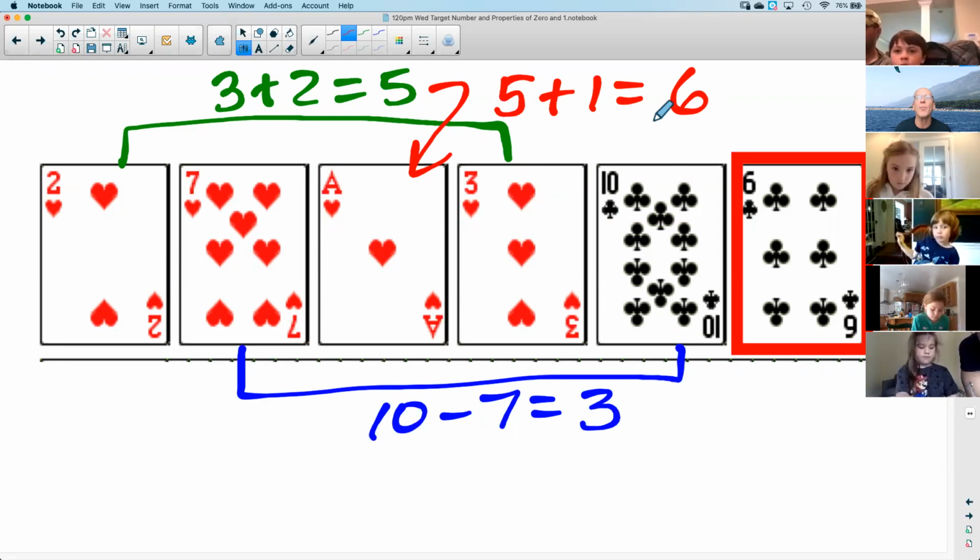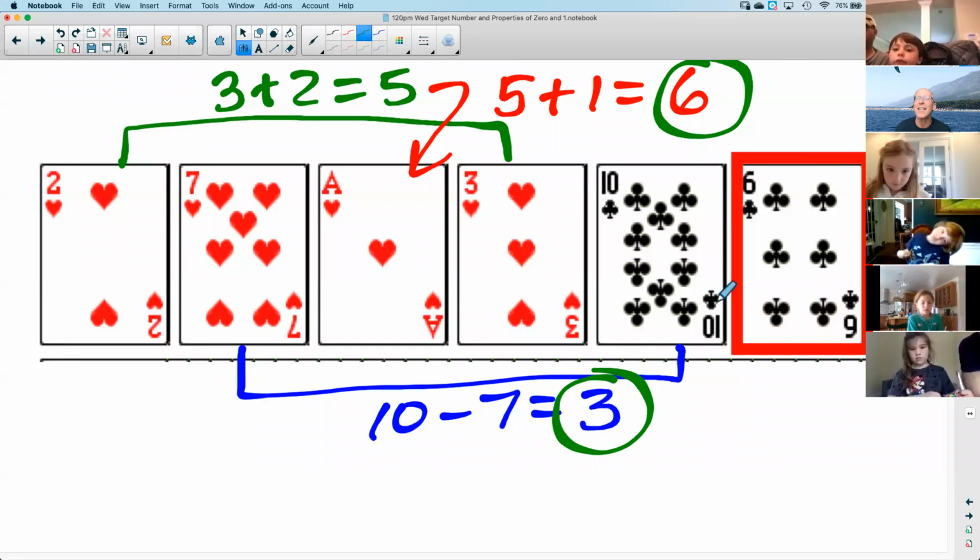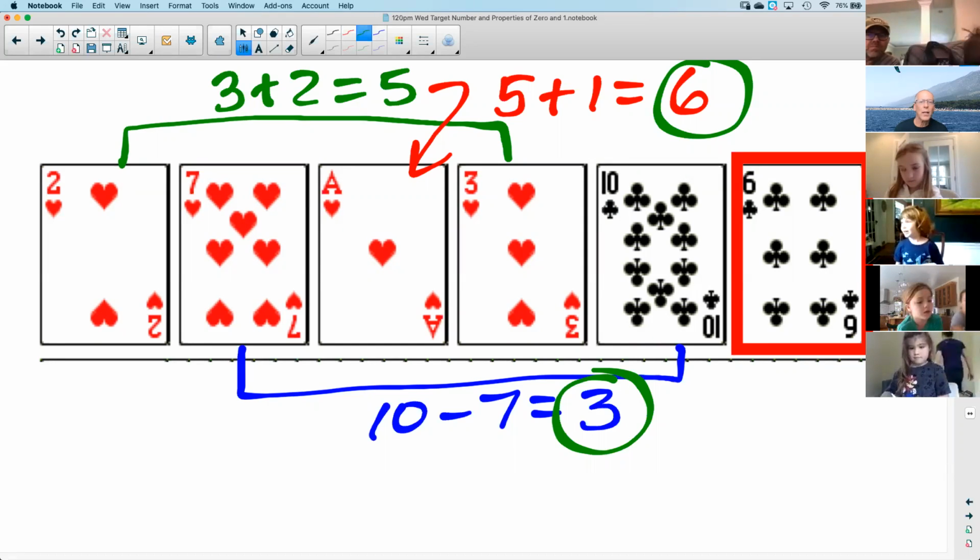Now, Lila, tell me how we're going to get from this 3 and 6 to the 6. Any way that we can get from 6 and 3 to 6?